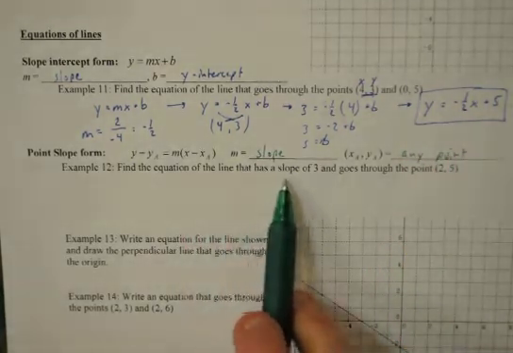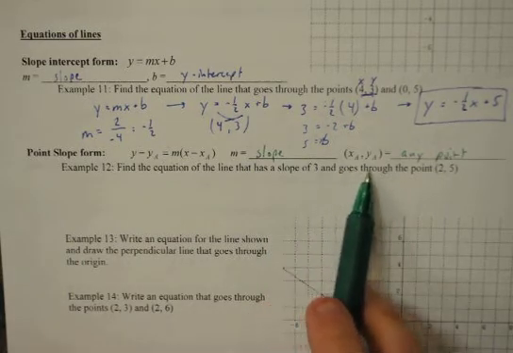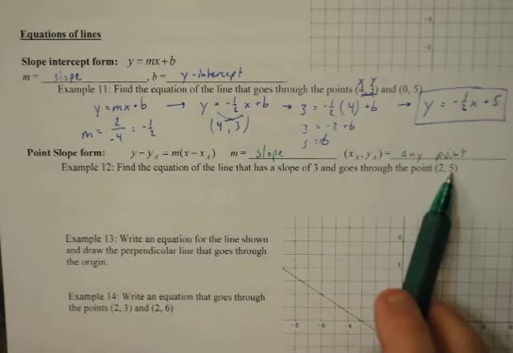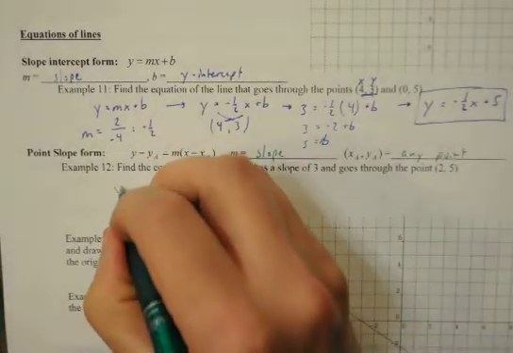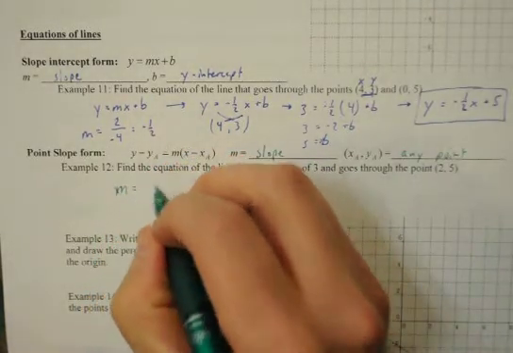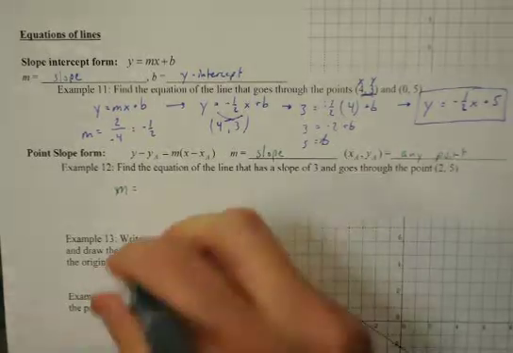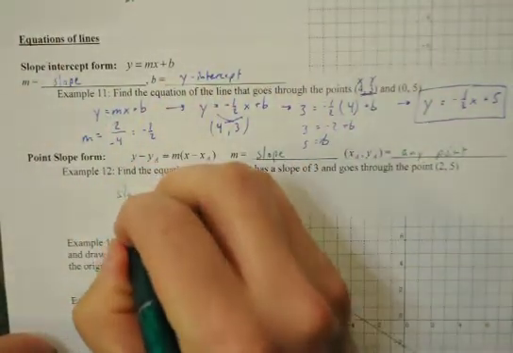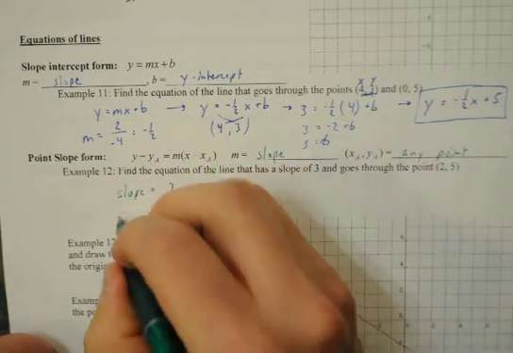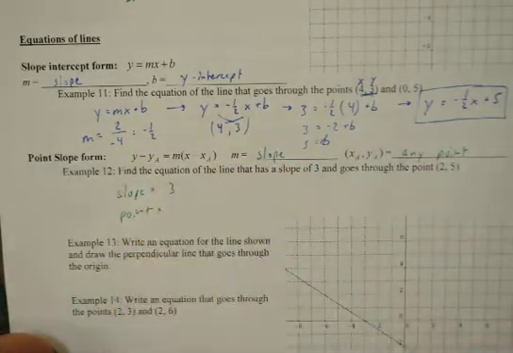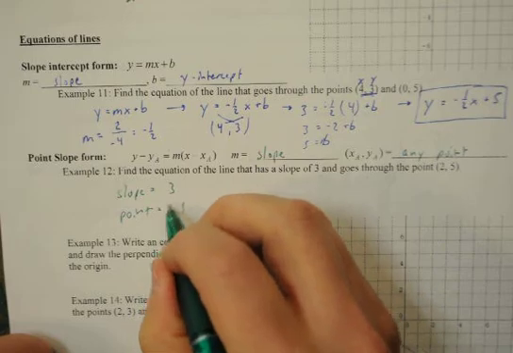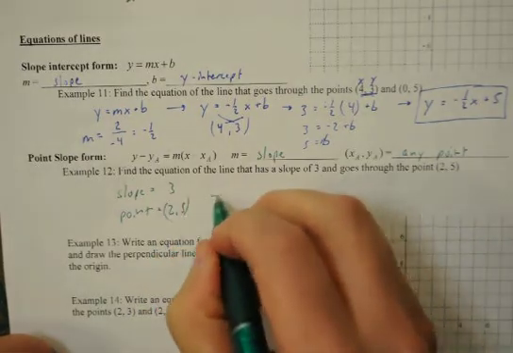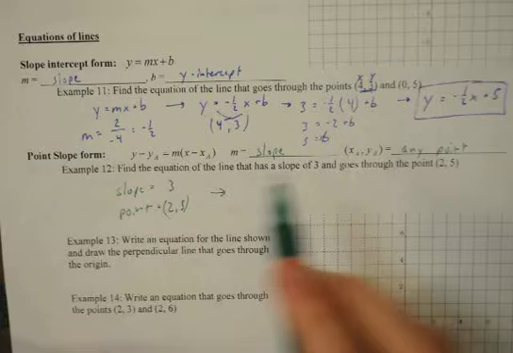Find the equation of the line that has a slope of 3 and goes through 2, 5. I like to even write it out when I'm doing these: slope equals 3, point equals 2, 5, and so we can just plug that in.